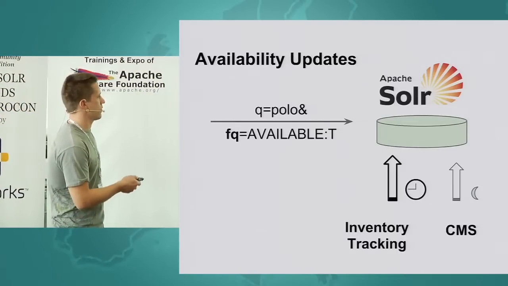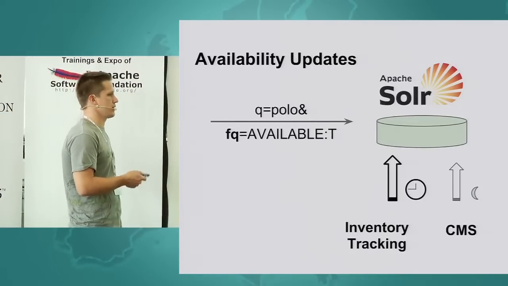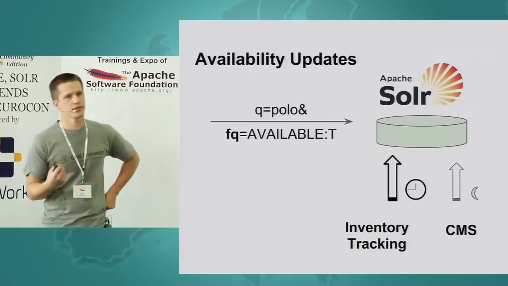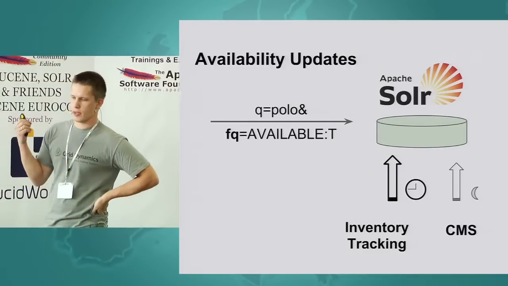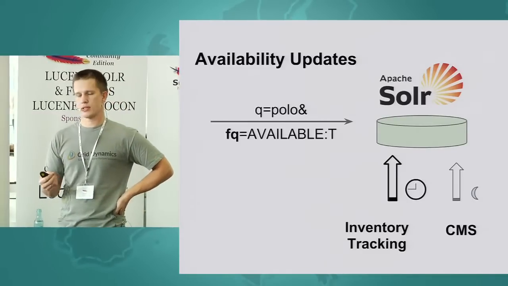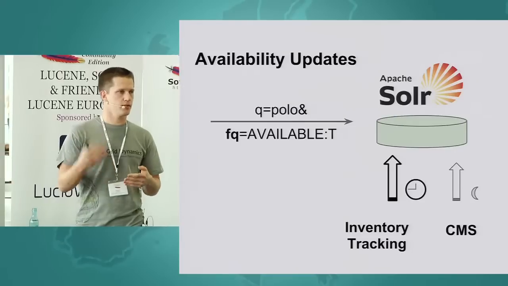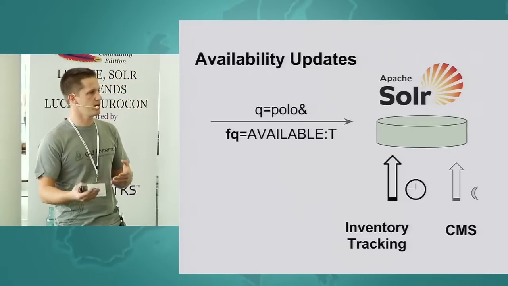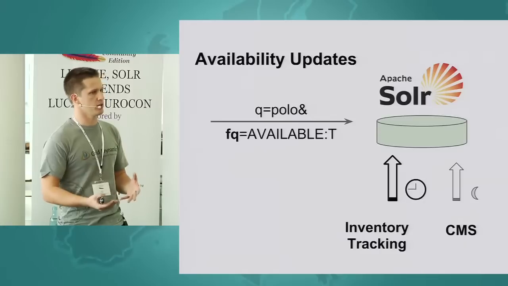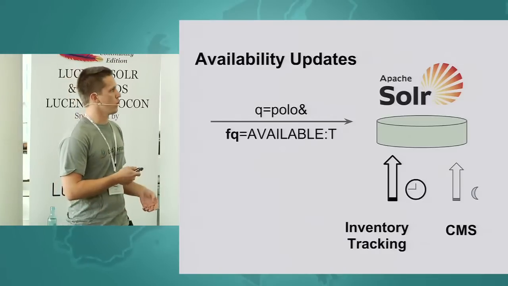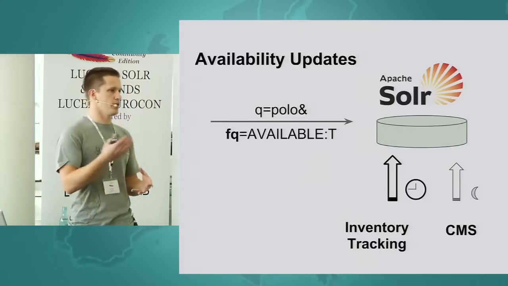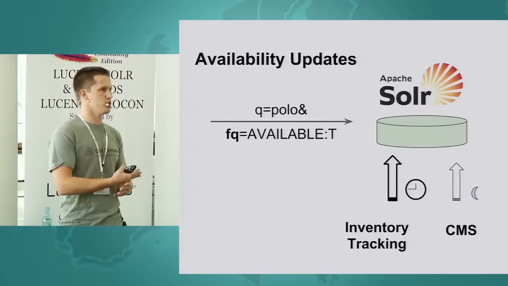It's used for most of the requirements. But we also have quite an intensive data flow from the inventory tracking system. When someone buys something from us, we need to count the number of items down, then some items become unavailable. And we need to reflect it into our index as soon as possible.